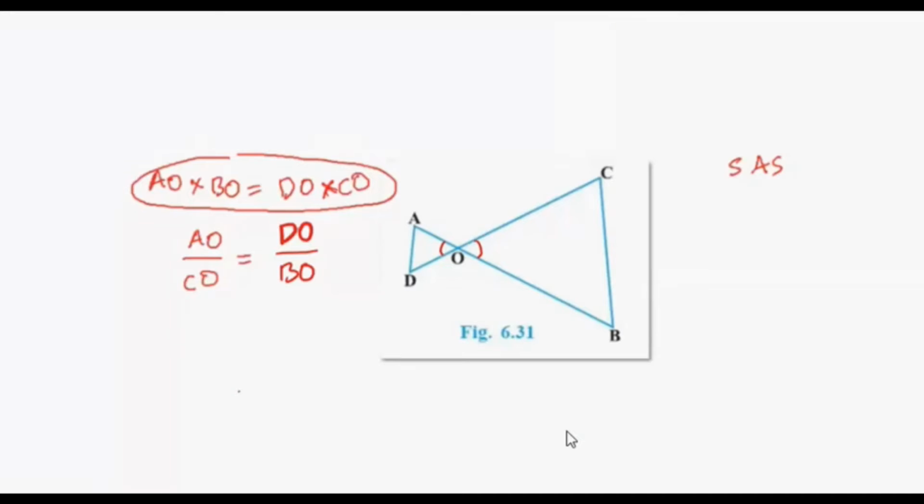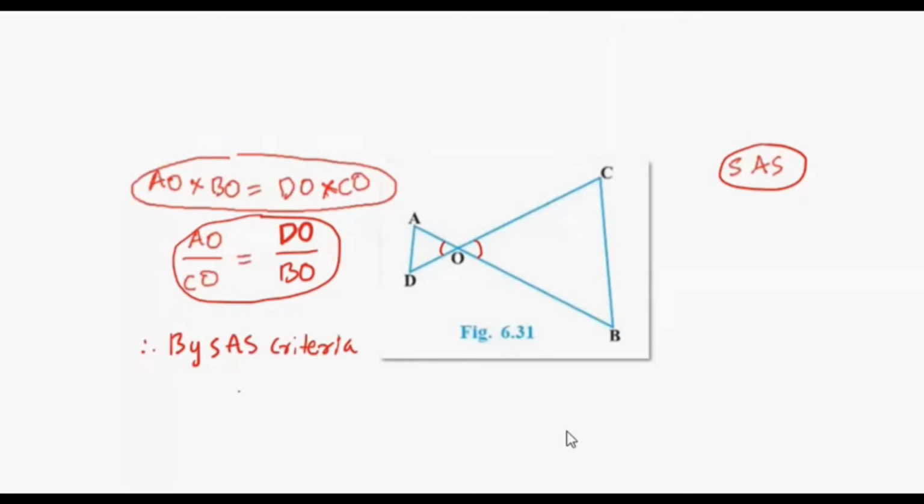And AO by CO is equal to DO by BO. That is the condition for SAS, right? One angle equal in these two triangles and the sides including these angles are in the same ratio. Therefore, by SAS criterion, we can write triangle ADO is similar to triangle BCO. Hence proved.